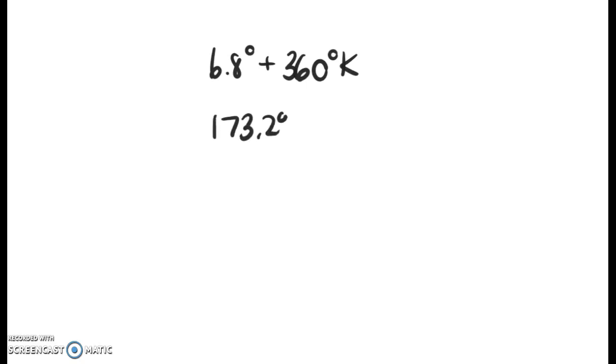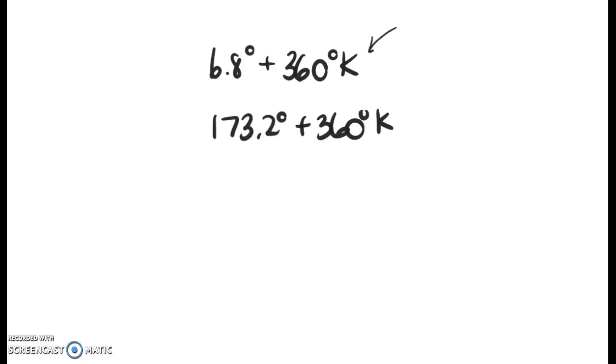And then in part A, it says, well, all the degree solutions, and let K be any integer. So you have to take 6.8, and then you're going to find all the coterminal angles. To find the coterminal angles, you take 360 degrees and you multiply it by K. So that'll be 1. And then the other one will be all the coterminal angles with 173.2 degrees.